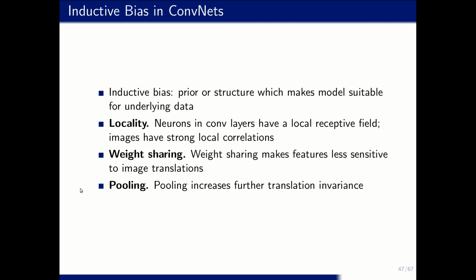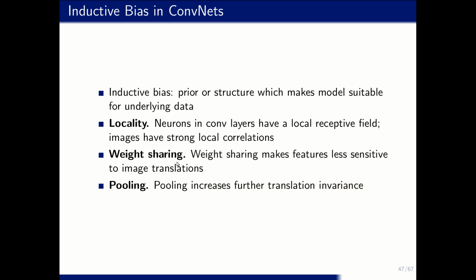And now if we apply pooling, pooling summarizes some neurons in a small window, and if we apply max pooling, it doesn't really matter where the max in the window appears. Therefore, this pooling increases the translation invariance further.